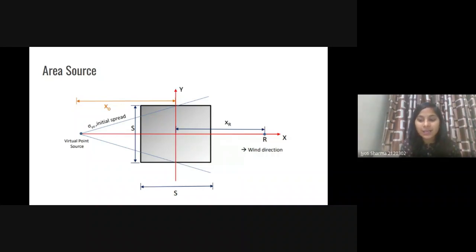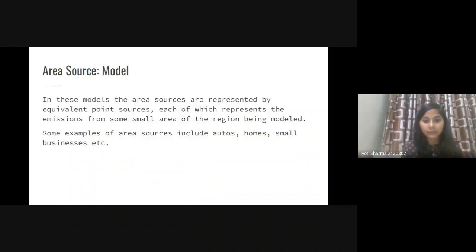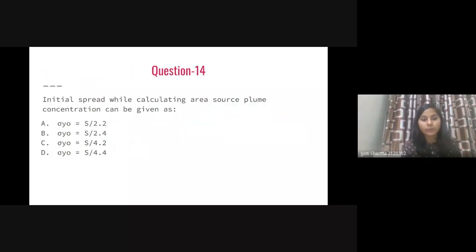This distance can be calculated from your standard deviation in the y direction, using S by 4.3. If you have the side of the square, you divide it by 4.3, and you get the standard deviation in the horizontal direction.